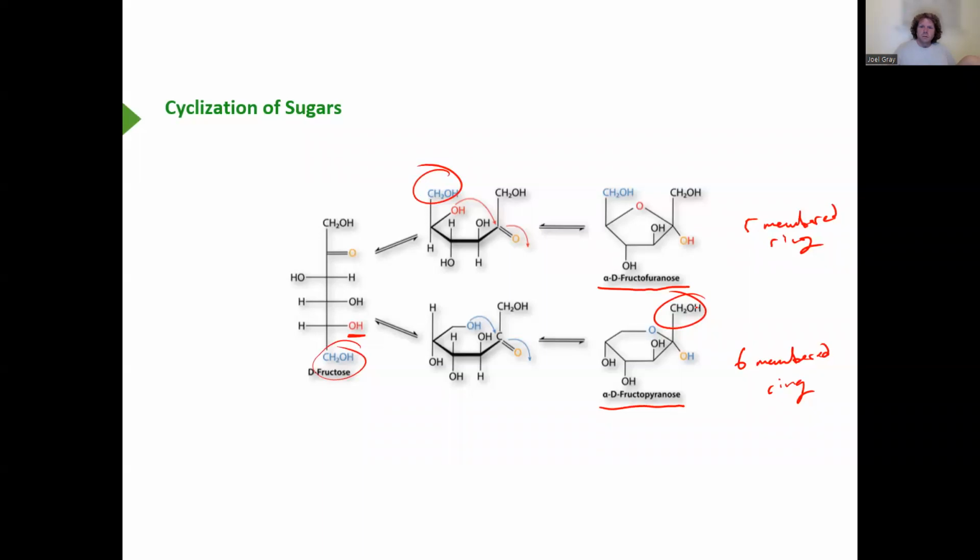Now, what's always kind of tricky about this is, and I'm sorry, whenever we form the fructopyranose, it's this hydroxide group. Correction here. Okay, so this is C6 right here.